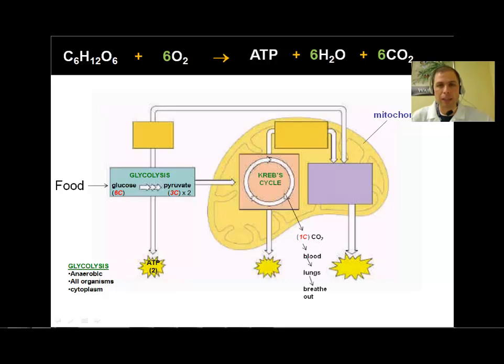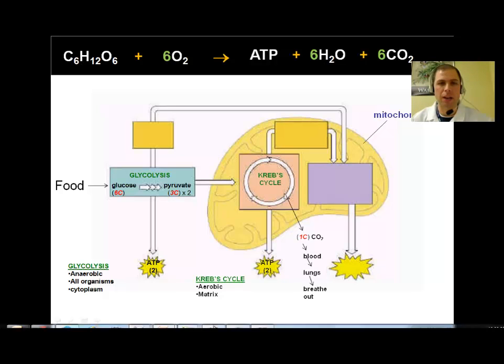So CO2 gets in our blood. We detect that. The blood goes to the lungs eventually, and the lungs allow for the gas exchange. In the process, though, what do we get out of it? We get ATP. And so a quick summary, Krebs cycle: it is aerobic, meaning oxygen is going to be required here, and it occurs in the matrix of the mitochondria.